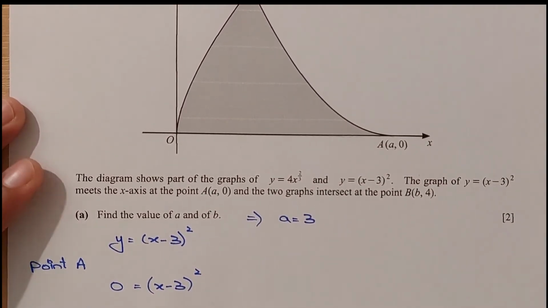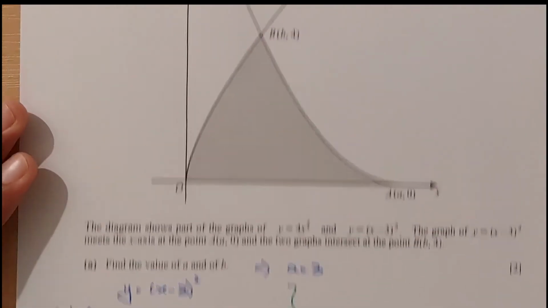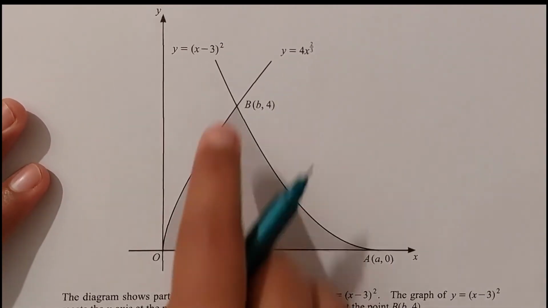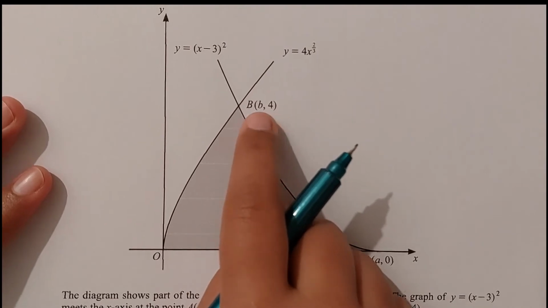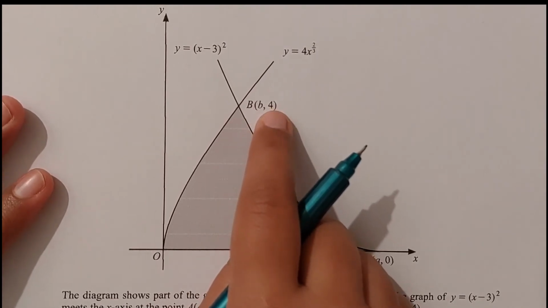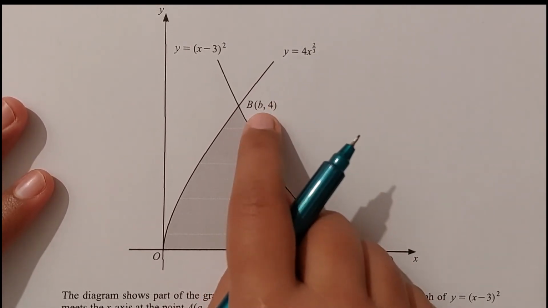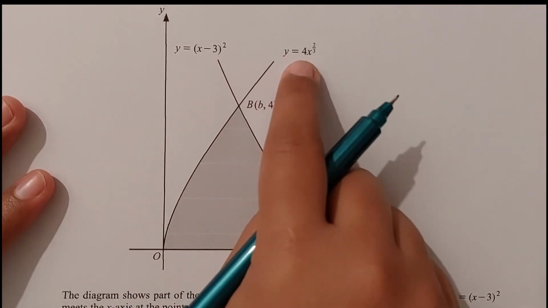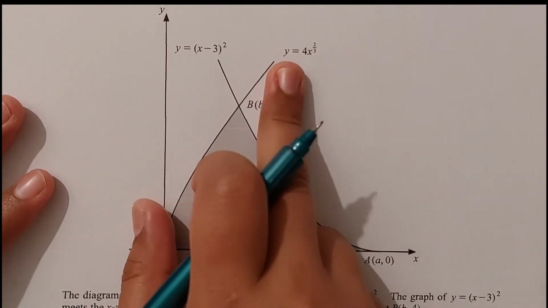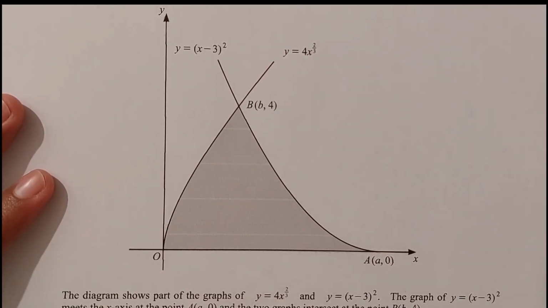Right, now let me solve for b. We are given that the two curves intersect at this point where x is b and y is 4. So you can substitute the x and y values into this curve or this curve. Let me do it in the second one. This is easy. We have y equals 4x to the exponent 2 by 3.